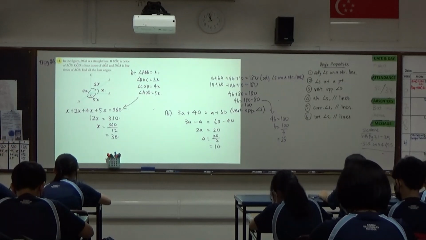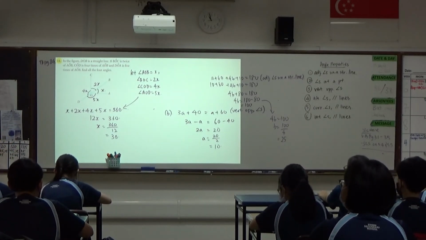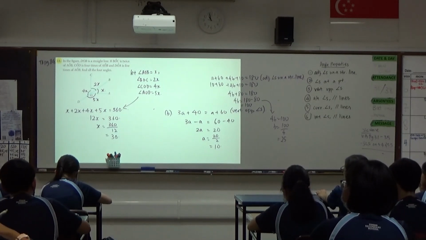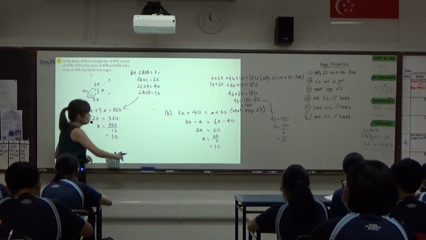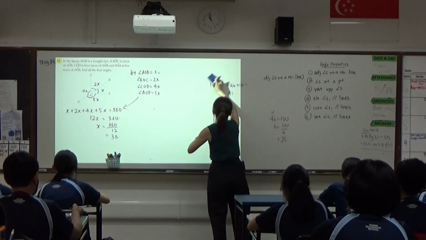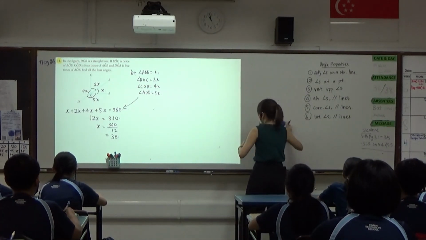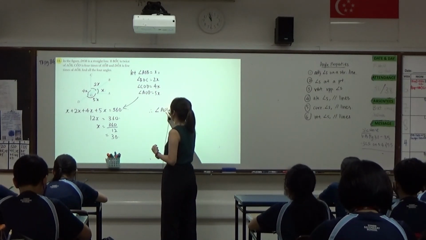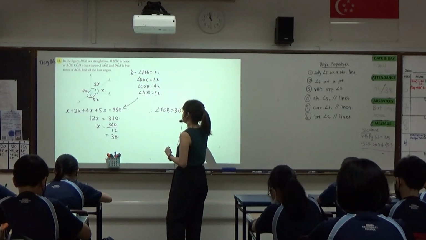Now is that all for this question? No, right? Because what does the question want? They want all the 4 angles. So we need to end off by stating all the 4 angles. Therefore angle AOB equals 30 degrees.